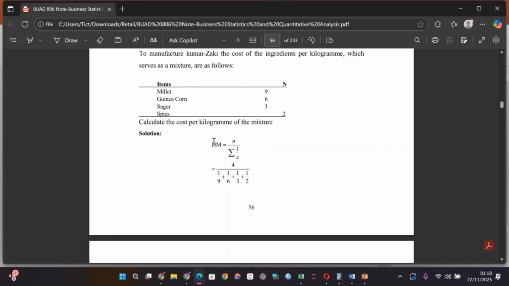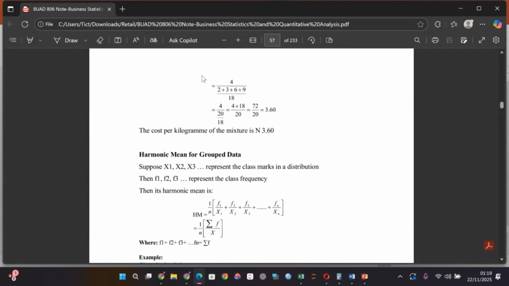Because once you know the formula, you can just substitute the values into the formula. For real, it's very simple. So you know that n is 4, right? Now you put 1/9, 1/6, 1/3, and 1/2. So this is equal to 4, which is still the n there.